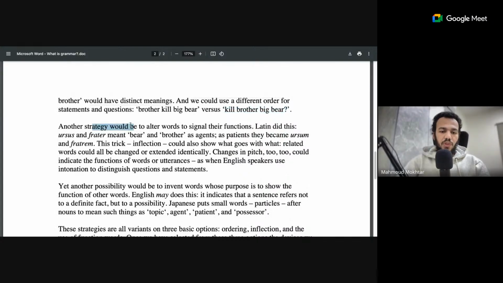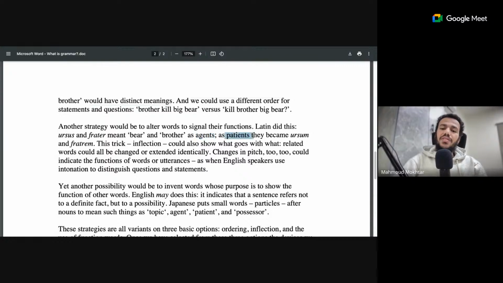Another strategy would be to alter words to signal their functions. Latin did this. I don't know how to pronounce them, but these are Latin words. These two Latin words meant bear and brother as agents.